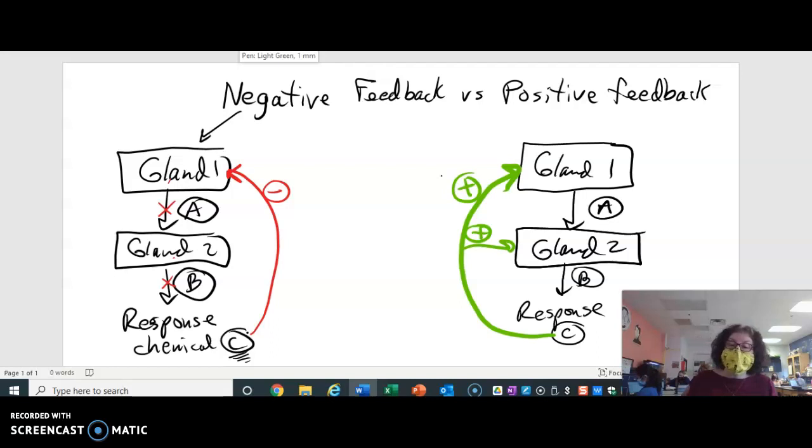So now the final chemical feeds back and says, let's stimulate these glands even more and get more of this response going because we need it.